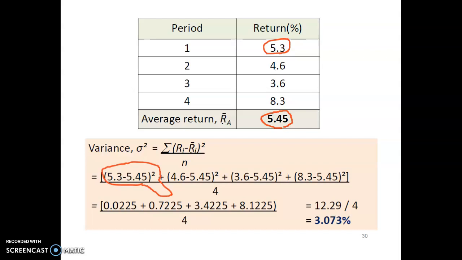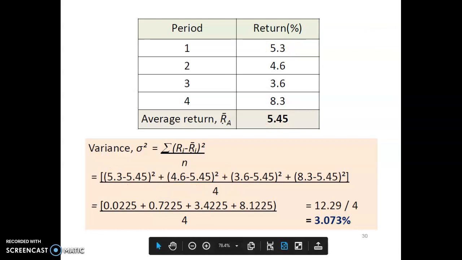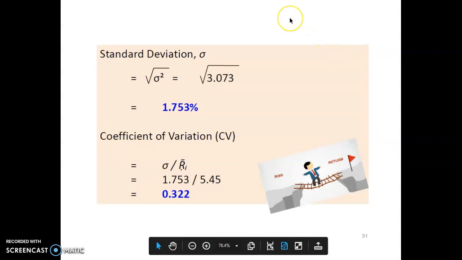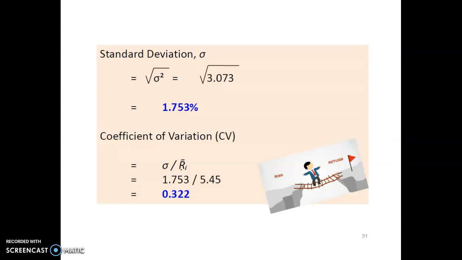For period 1, for period 2, until the end. Then you will get the value of variance, which is 3.073. After that, you need to calculate the standard deviation. Calculating the standard deviation is easy: take the square root of the value of variance. So you get the value of this standard deviation.